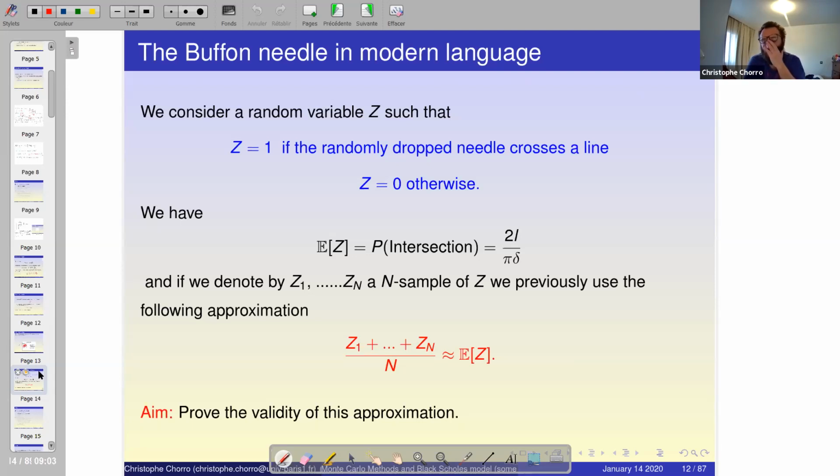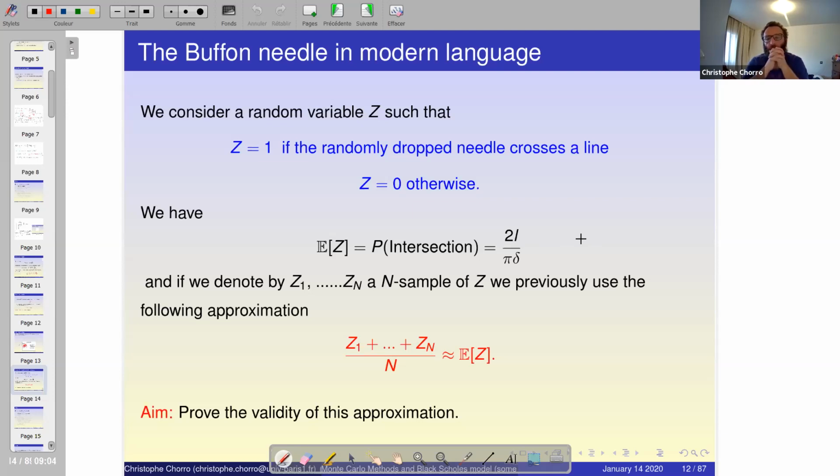So you have here a random variable that follows a Bernoulli distribution with a parameter p, that is the probability that Z equals 1, that is, in this case, the expectation, and that is my probability of intersection that I have computed to be this one.